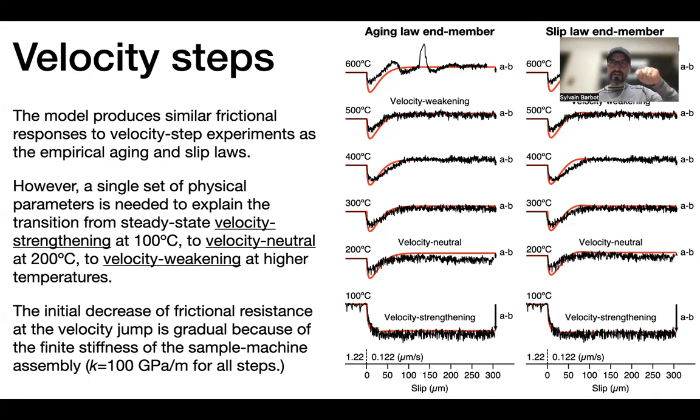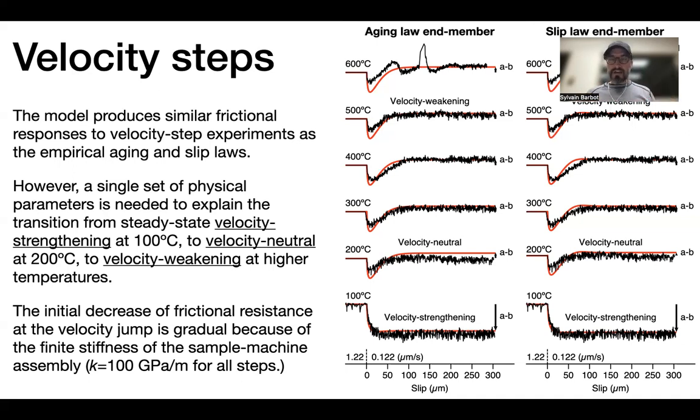It's not like this very sharp jump of friction with the change of velocity. And that's because the apparatus and the sample have a finite stiffness. And so that's actually included in the model, and we use 100 GPa per meter for all of these steps. In reality, that can actually change during these experiments.